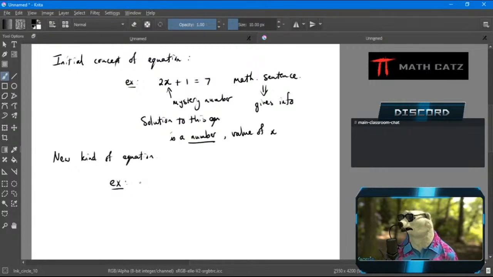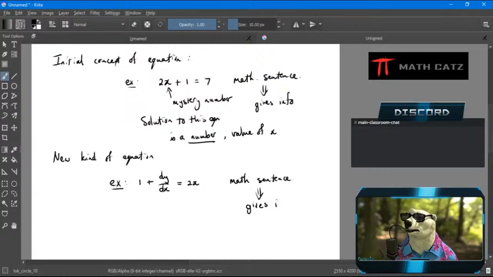I'm going to say here 1 plus the derivative of y with respect to x equals 2x. This is certainly a mathematical sentence. It certainly gives me information.